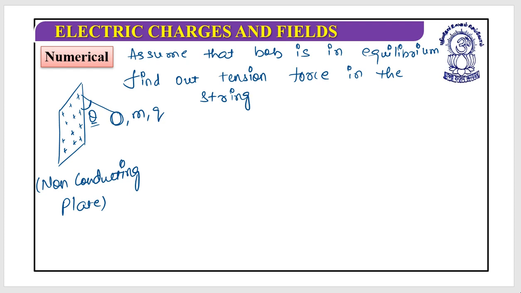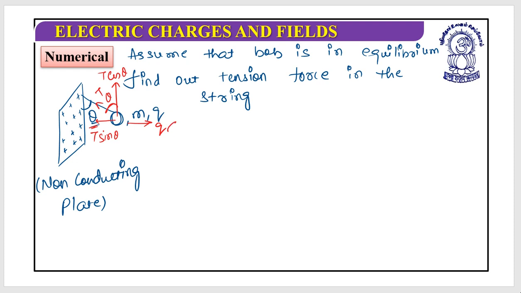Now what can I do? Tell me. This is a question having all the previous concepts, even the concepts of 11th class. What would be the situation? Let's say this is tension. If this is theta, this must be the T cos theta, and this must be the T sin theta.